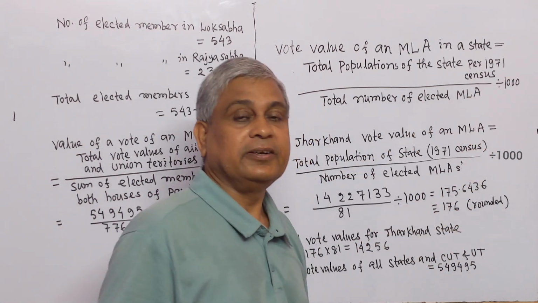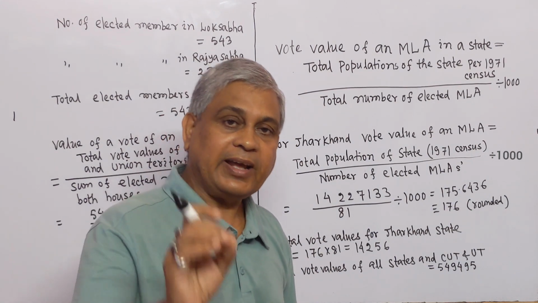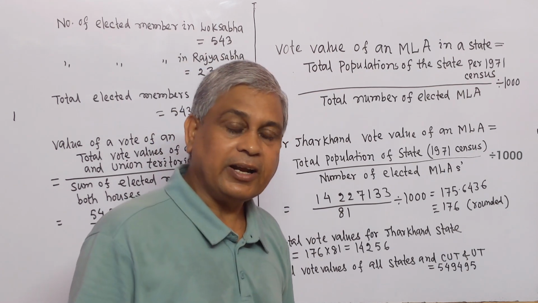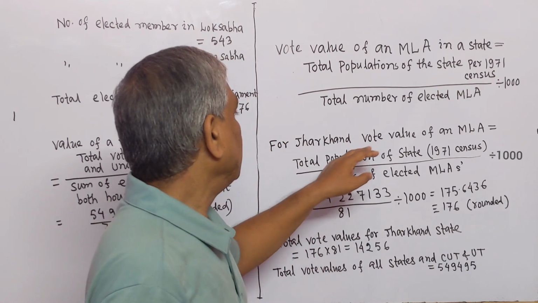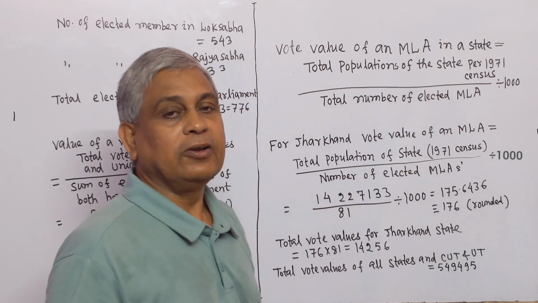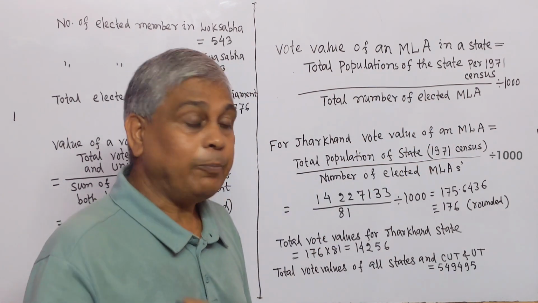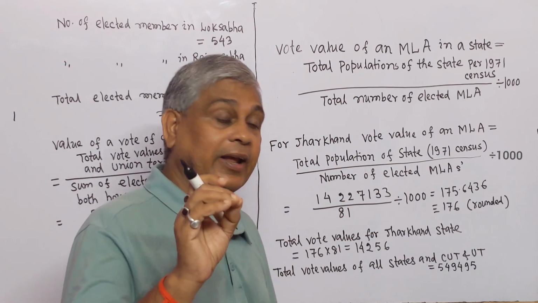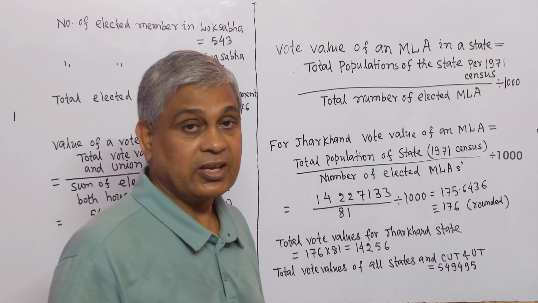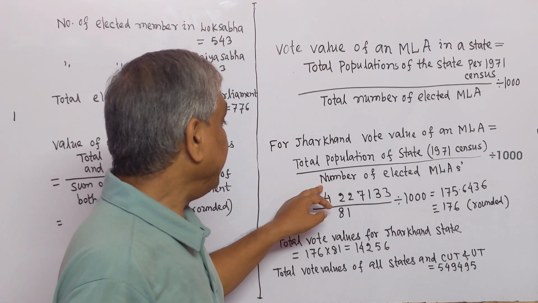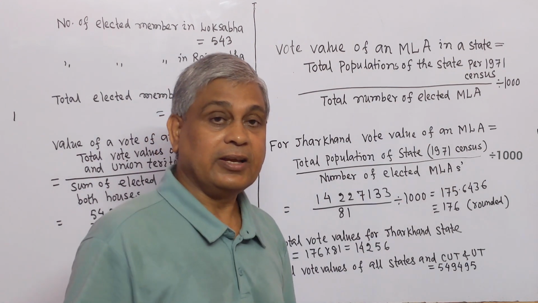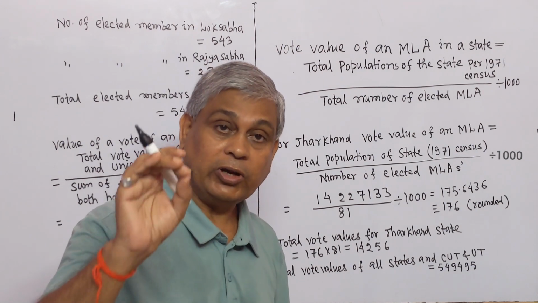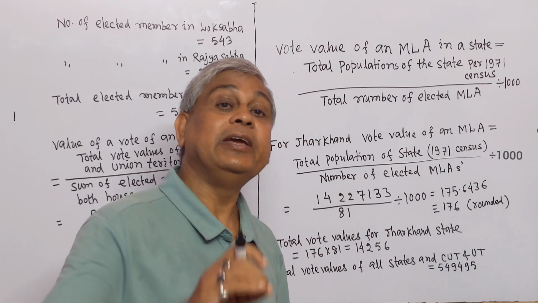divided by 1000. For example, we take the case of Jharkhand state. In Jharkhand state, vote value of an MLA equals total population of Jharkhand state as per 1971 census divided by number of elected MLAs. Elected MLAs, not selected. We will take only number of elected MLAs.